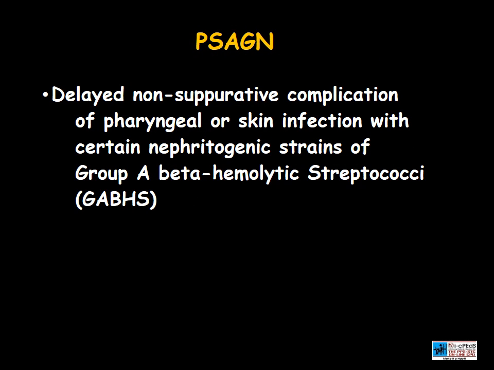PSAGN is the prototype of AGN, and it is a delayed, non-suppurative complication of pharyngeal or skin infection with certain nephrogenic strains of Group A beta hemolytic streptococci.